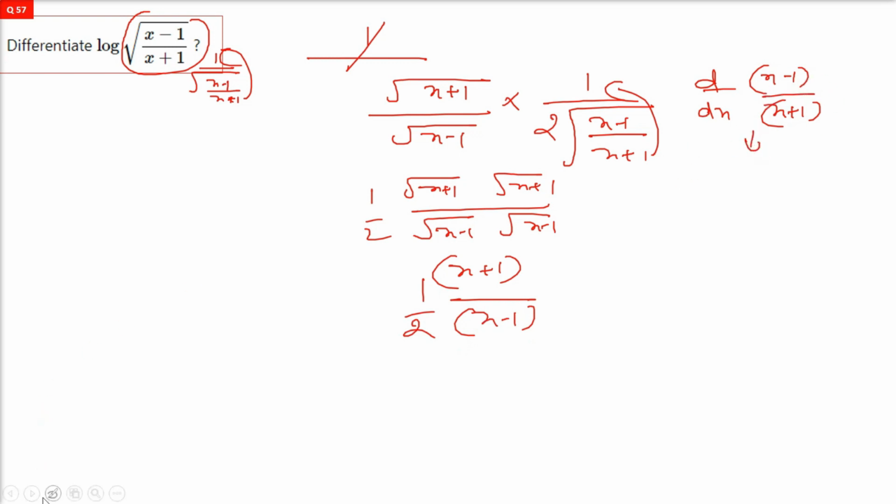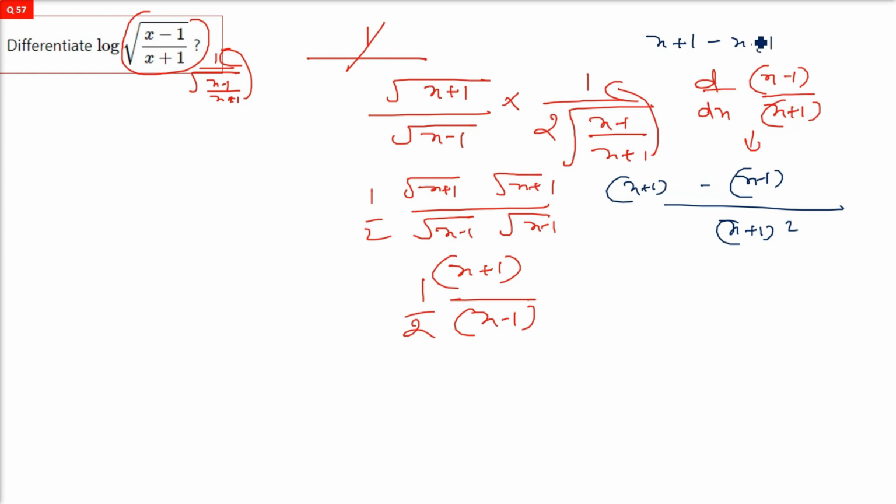So what do we get? We will use the quotient rule here. So x plus 1 whole square will be in the denominator. Then we have x plus 1 here. Differentiation of x minus 1 will be only 1. I hope you have a fair idea now. And minus x minus 1, differentiation of x plus 1 will give you again 1.